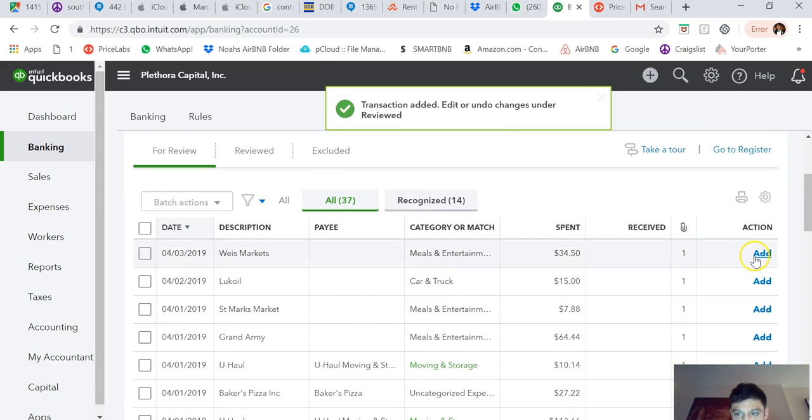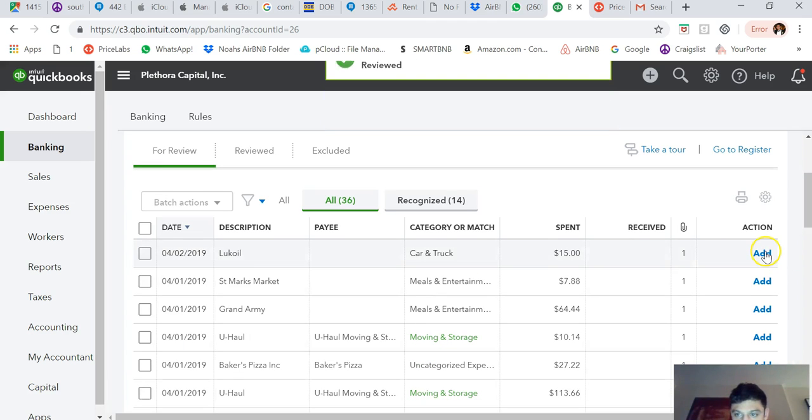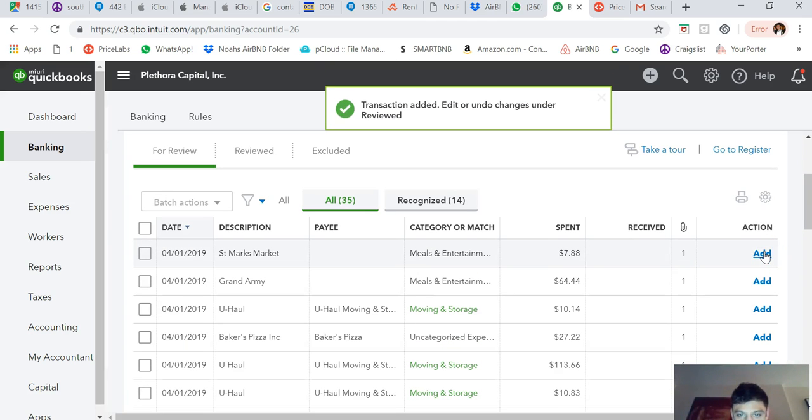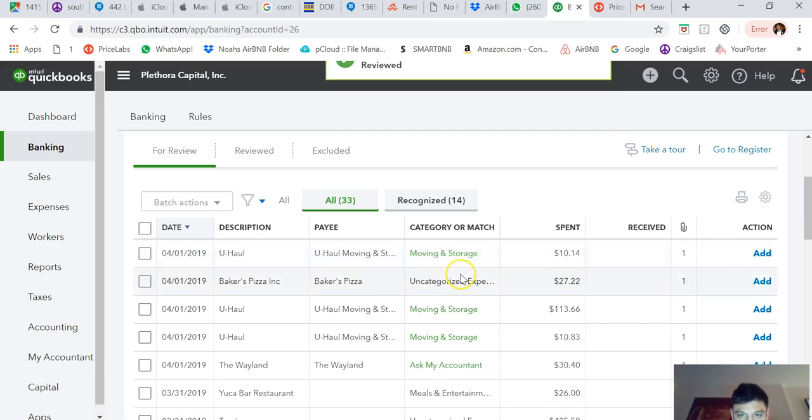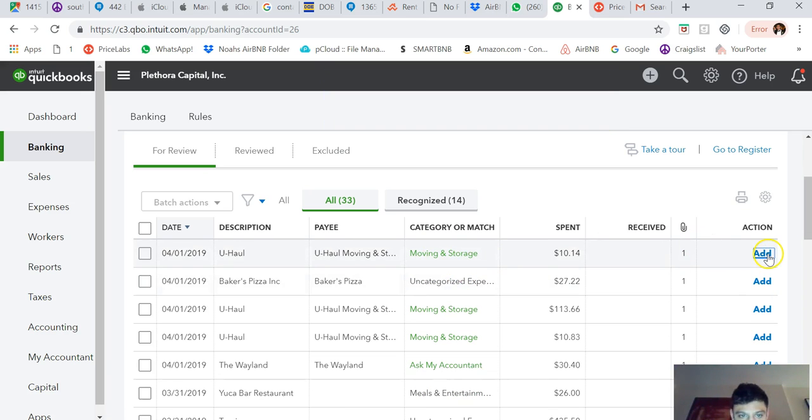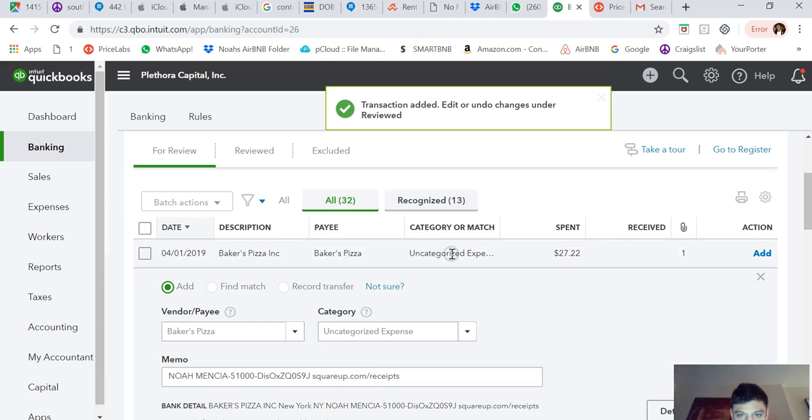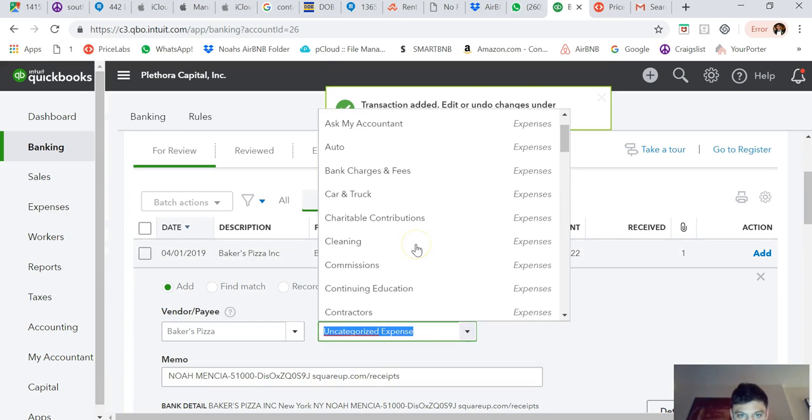Weis Markets is meals and entertainment. Mobil Oil is car and truck. Marks is entertainment. Moving storage, U-Haul makes sense. Baker's Pizza is going to be meals and entertainment.